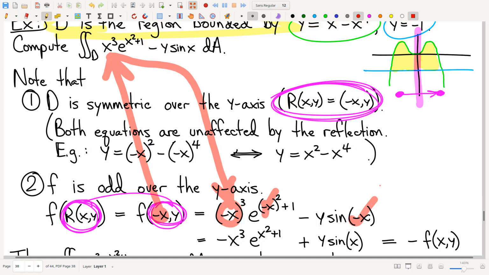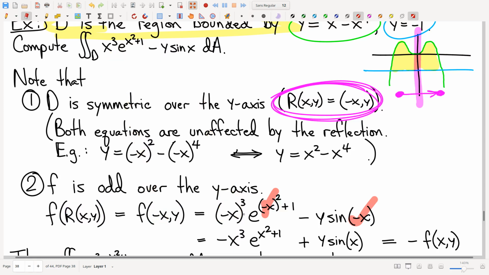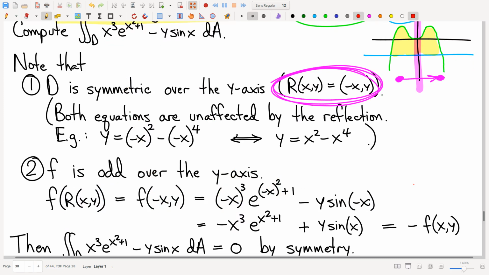Okay, now that leaves us with a little bit of an algebra challenge to work through. It's not so bad in this case. Negative x, quantity cubed, is the negative of x cubed. The negative of x squared is just x squared.